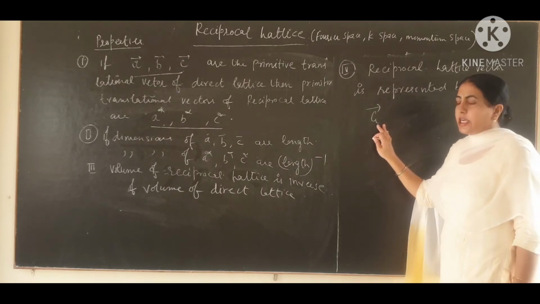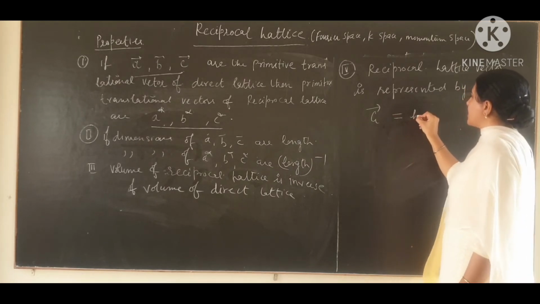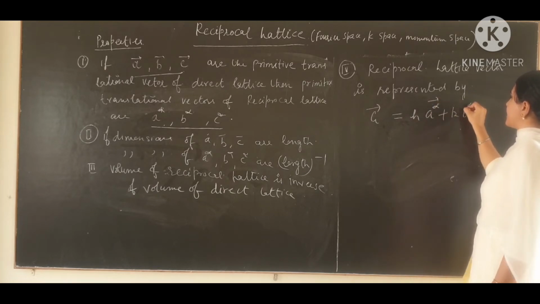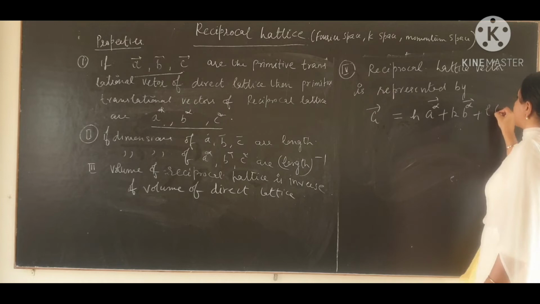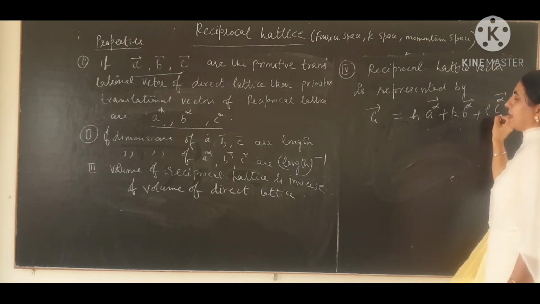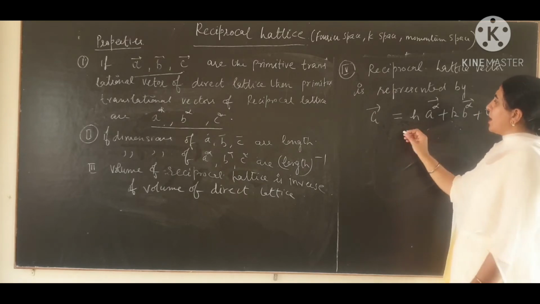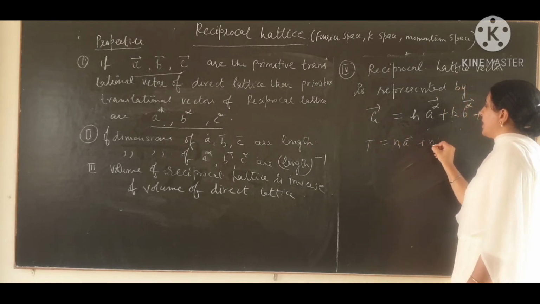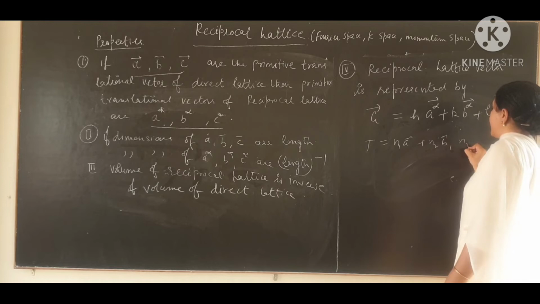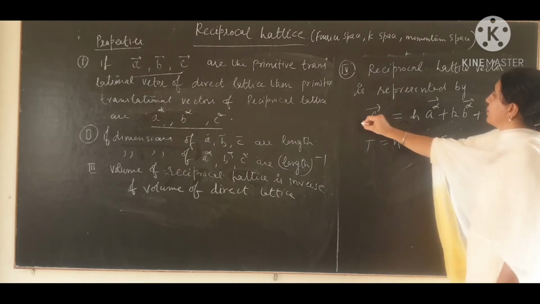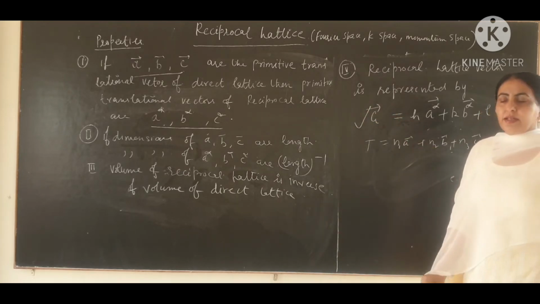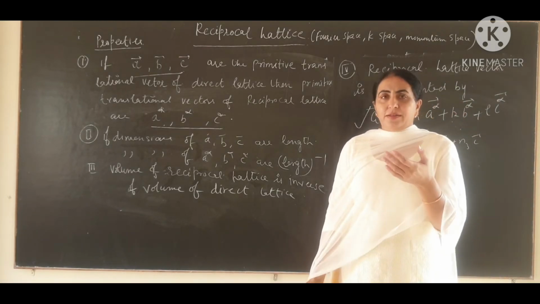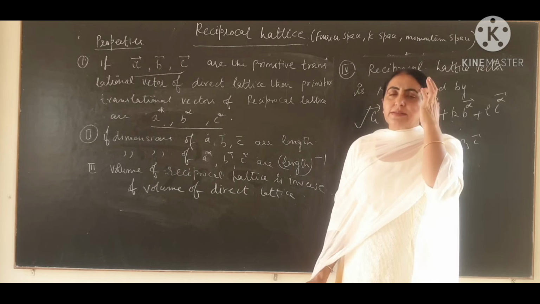I take G. G is equal to h a star plus k b star plus l c star, where h, k, l are integers. So in the direct lattice we take T equal to n1a, n2b, n3c, and the same in this we take this. Fifth, Bragg's law. Bragg's law we will do in the next lectures.